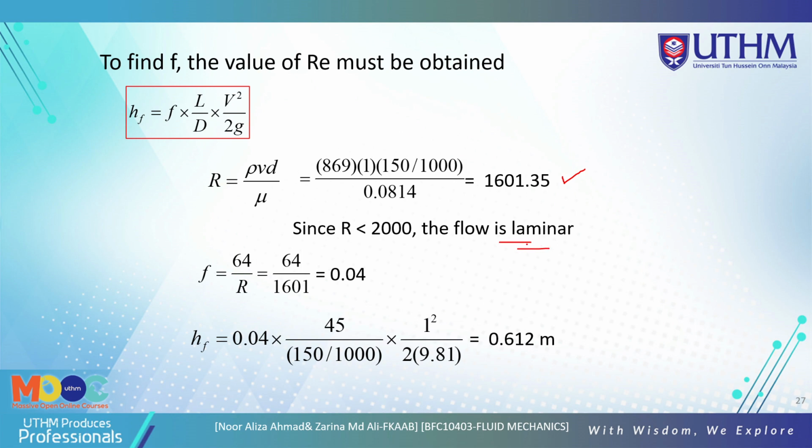When the flow is laminar, use this formula to get F, which is 0.04. After you get F, put it back into the HF formula, so you get HF is 0.612 meter.